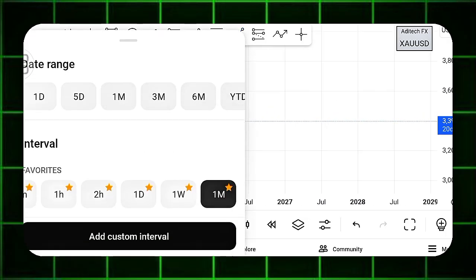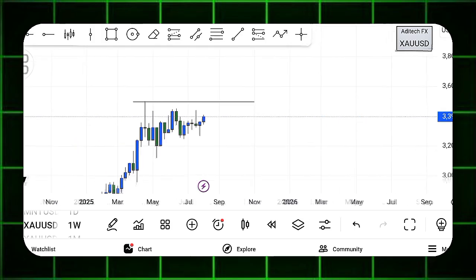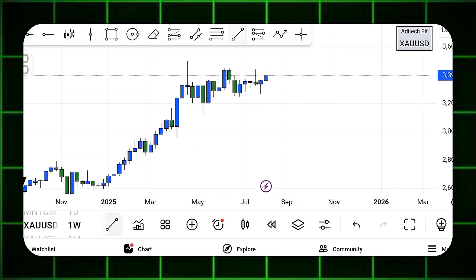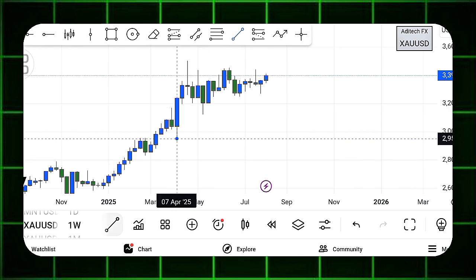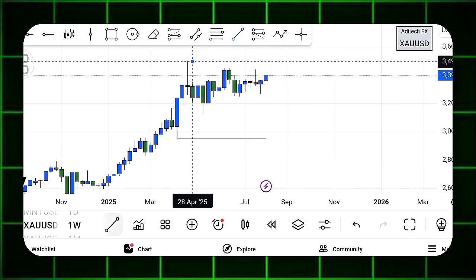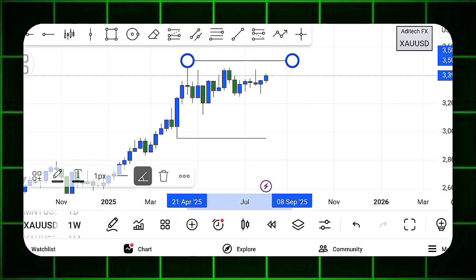Now switching to the weekly time frame, we can know that we're in an uptrend right now. Now you can see right here that we can mark out our daily range high and our daily range low. This is our daily range low and this is our daily range high, right? I hope you guys can see.